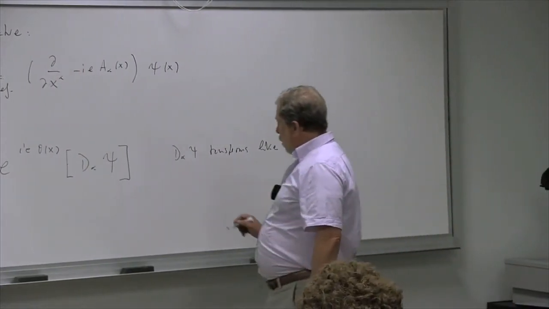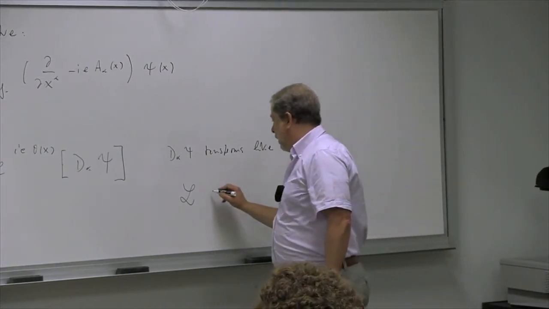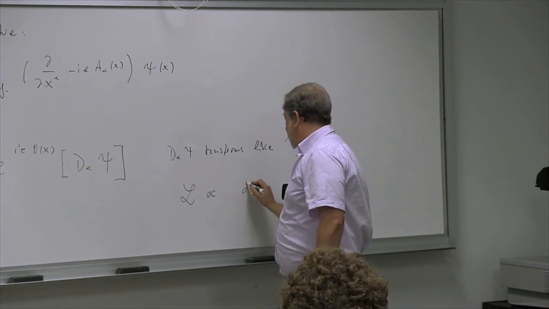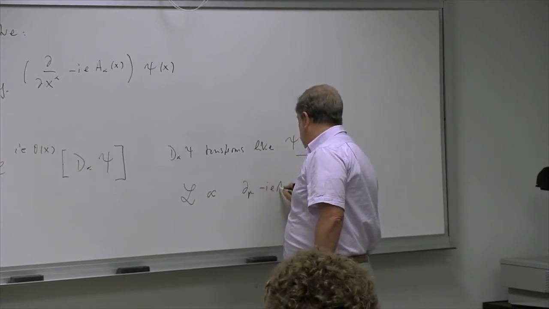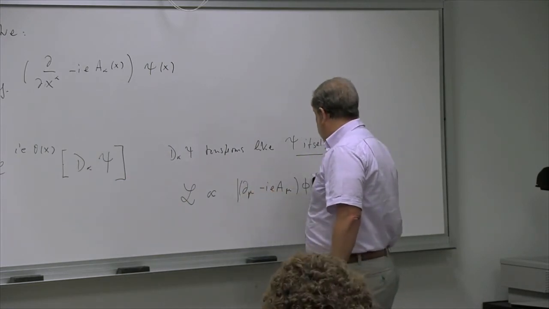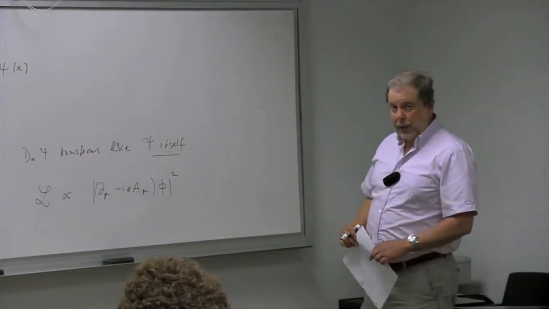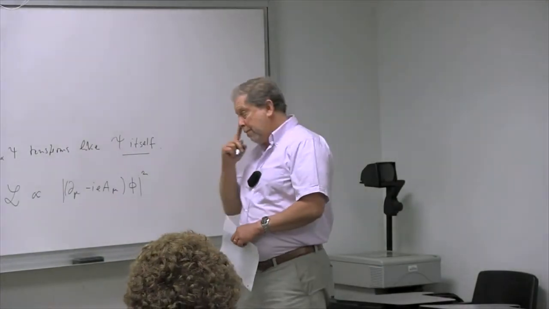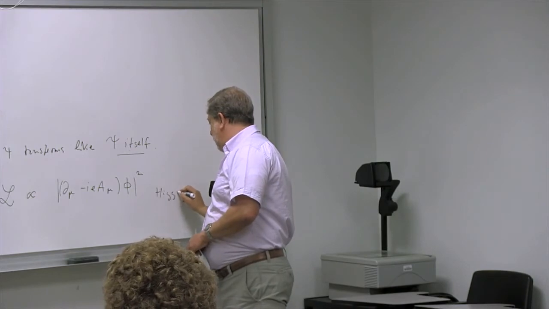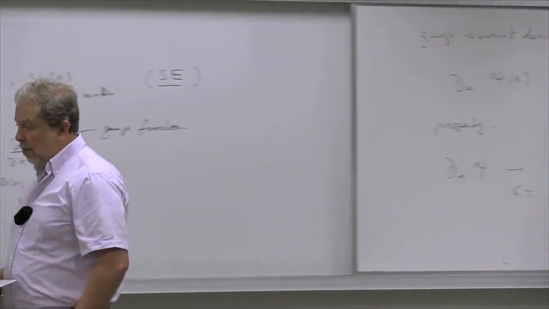So that means that if you want to construct, for example, a Lagrangian density for a field psi, then what you would do is take d mu minus i e A mu, and have that act on the field, and then, if the field is complex, you would take the square of that. And this would be guaranteed to be gauge invariant. And this is, in fact, exactly the Lagrangian for the Higgs field, up to potential terms. So when you have a scalar field, you want to couple in this way.